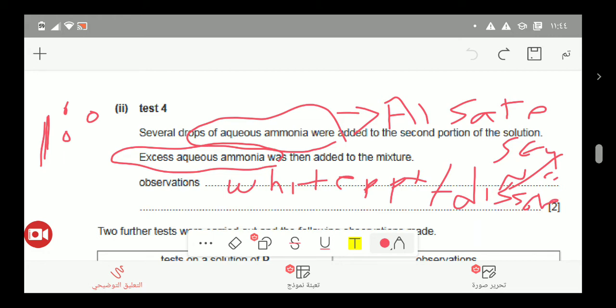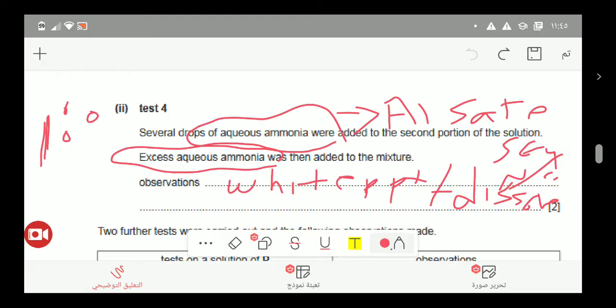So after addition of sodium hydroxide, there is a white precipitate. After addition of excess sodium hydroxide, the white precipitate dissolves. Then if we add ammonia, the white precipitate appears again, and after addition of excess ammonia, it dissolves also.